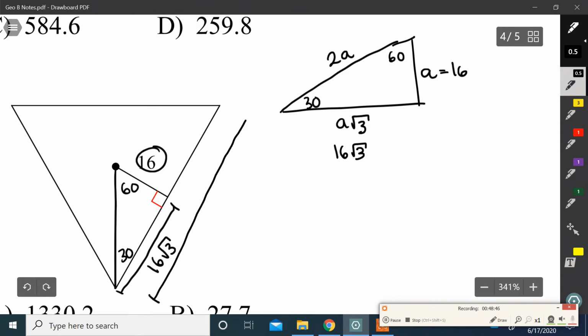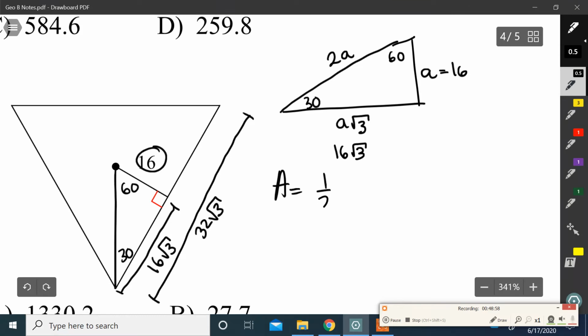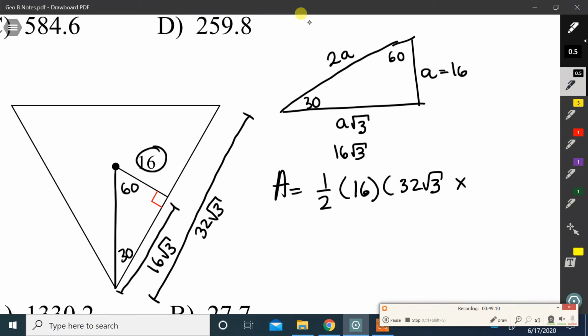Twice as big as that is going to be 32 square root of 3. So I'll just set it out for you guys. The area of this one will be half times the apothem, which is 16, times 32 square root of 3 times the number of the sides, which is 3.